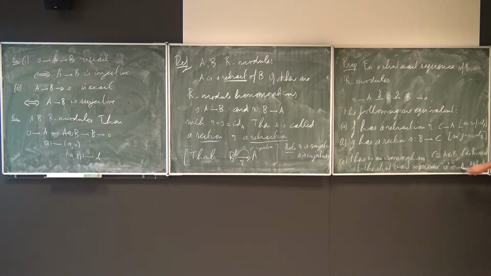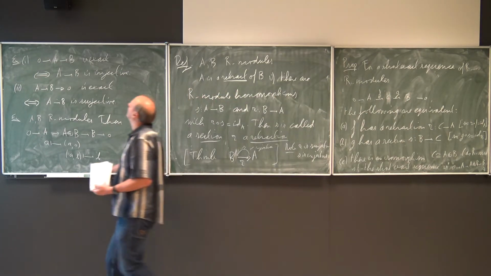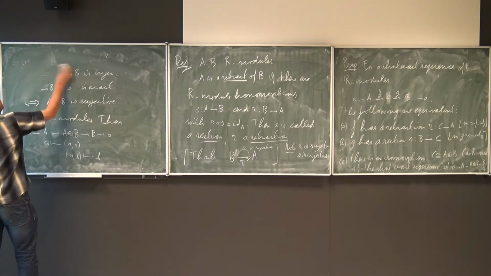So this is the natural inclusion here and the natural projection there. What I mean by this is that we can rewrite the sequence a little bit.